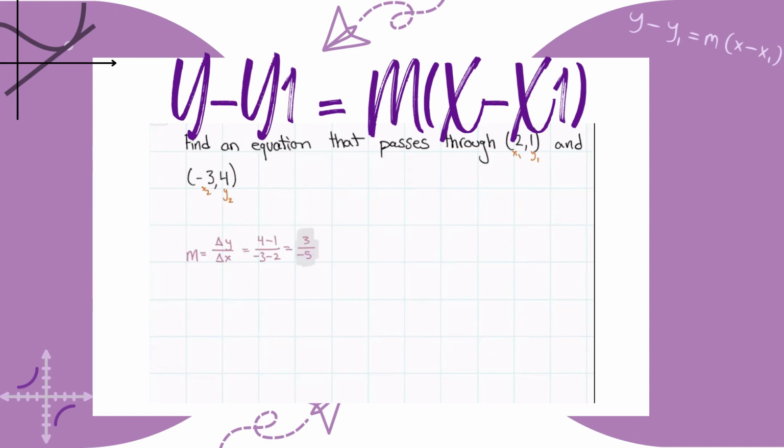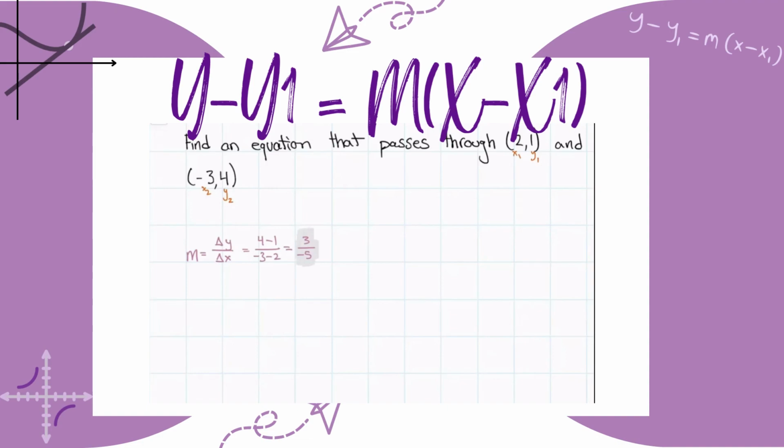Okay, so you got your slope. What's your next step? So I have my slope. Would the equation be 3 over negative 5x plus or minus k?